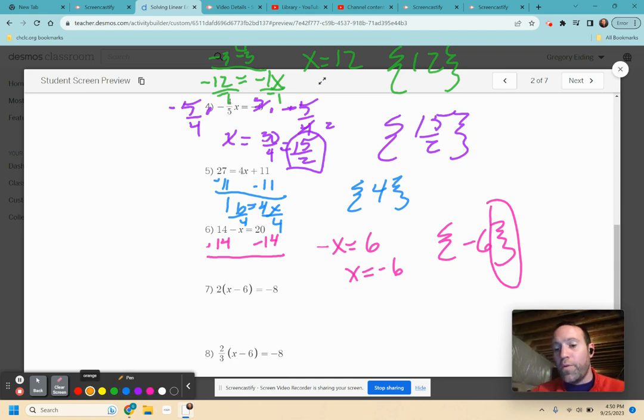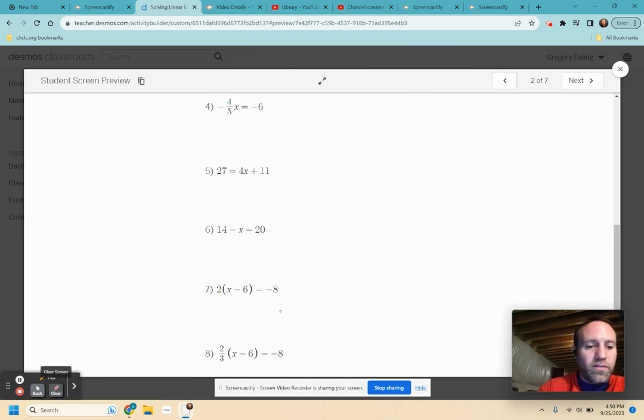For the next one, we have two options here. We can distribute the 2. We could also do the opposite of distributive property, which is division. Distributing is multiplying. So I could have actually started off by dividing both sides by 2, which would have given me -4 on the right side, and it would have canceled out this 2 here, and I would have had smaller numbers to work with, but well, let's keep it going.